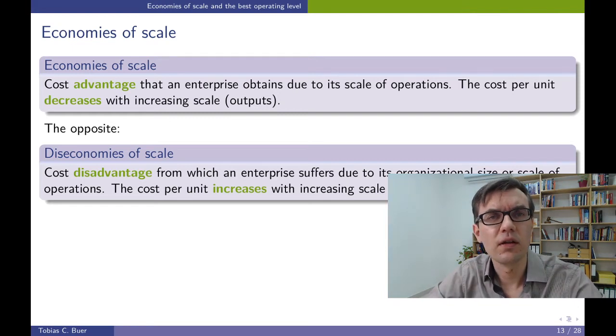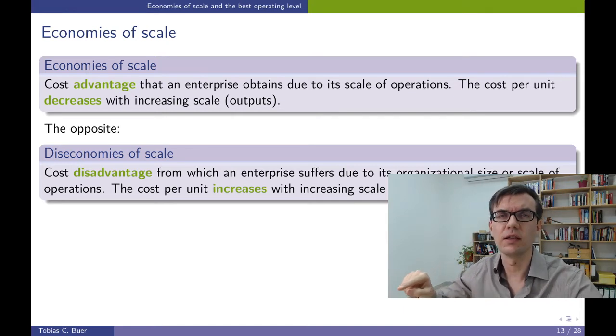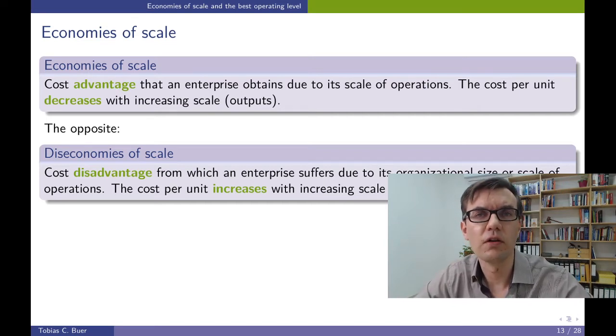Of course, this will result in extremely high cost. If we can increase the number of containers we pass through this terminal, then our cost per container will go down significantly. And this effect is called economies of scale.